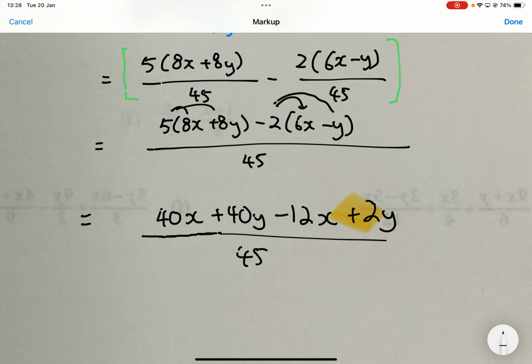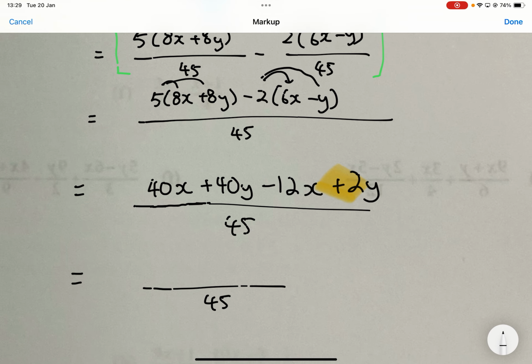Nazif, are you following? You write finish, but if it's wrong, no use. 40x minus 12x, 28x. 40y plus 2y, 42y.